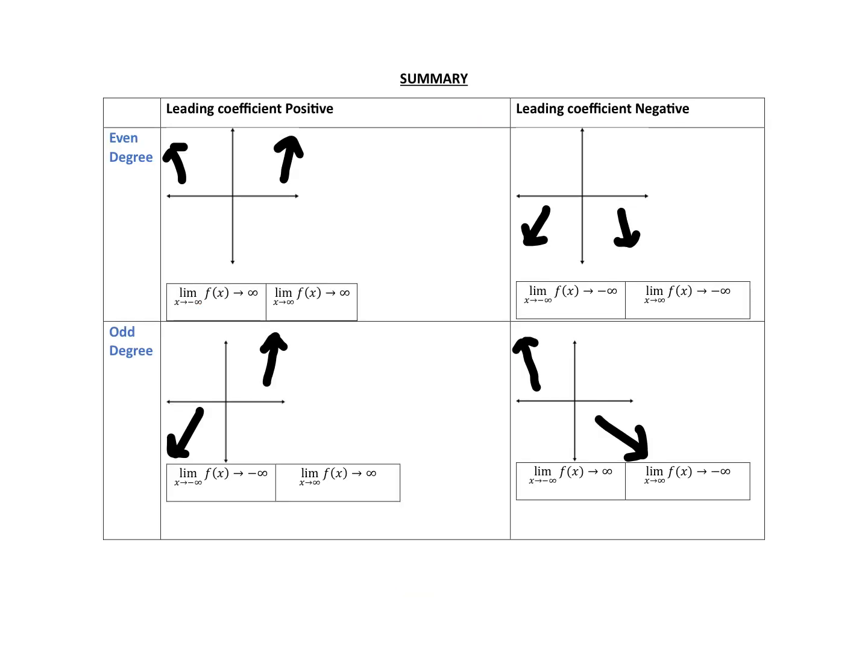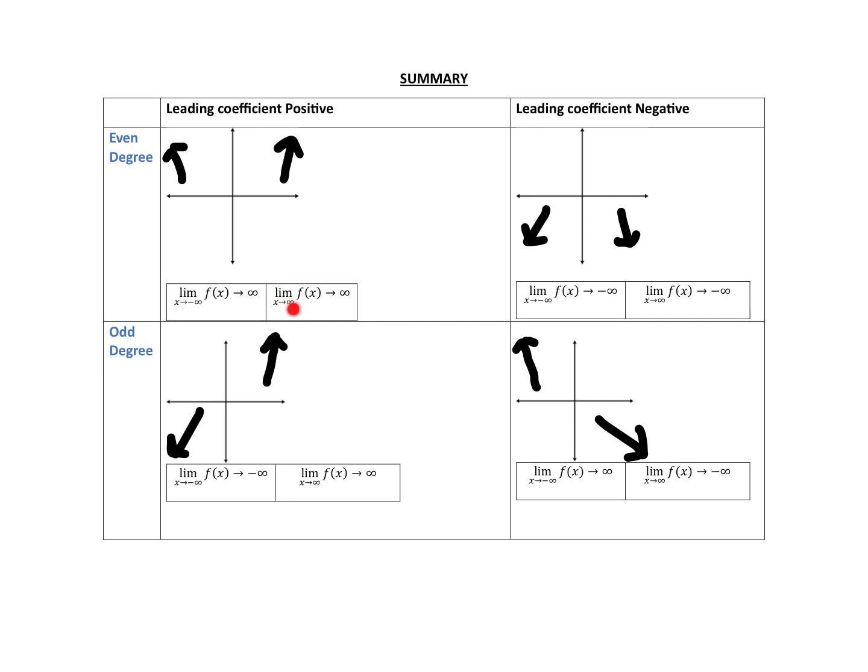Now, a summary of what we have looked at. Consider the leading coefficient is positive, the even degree. Look at the arrows, they are facing the same direction. And this is how you describe the end behavior. As x approaches negative infinity, y approaches infinity.